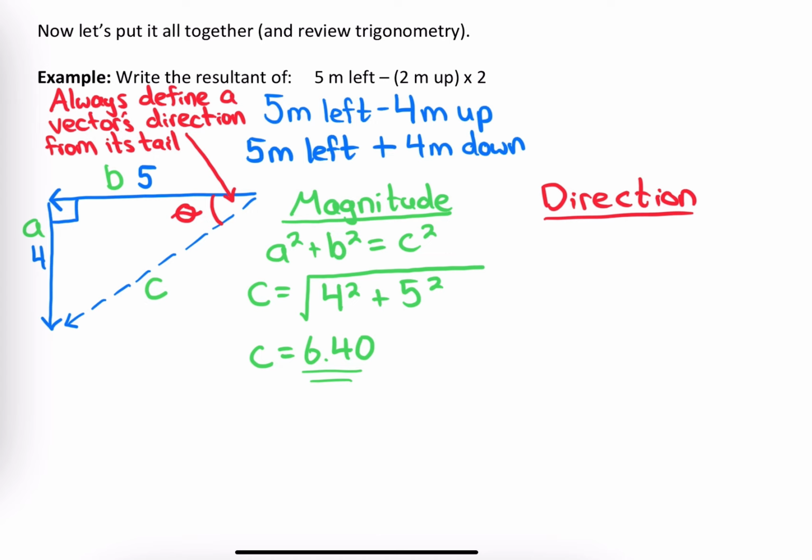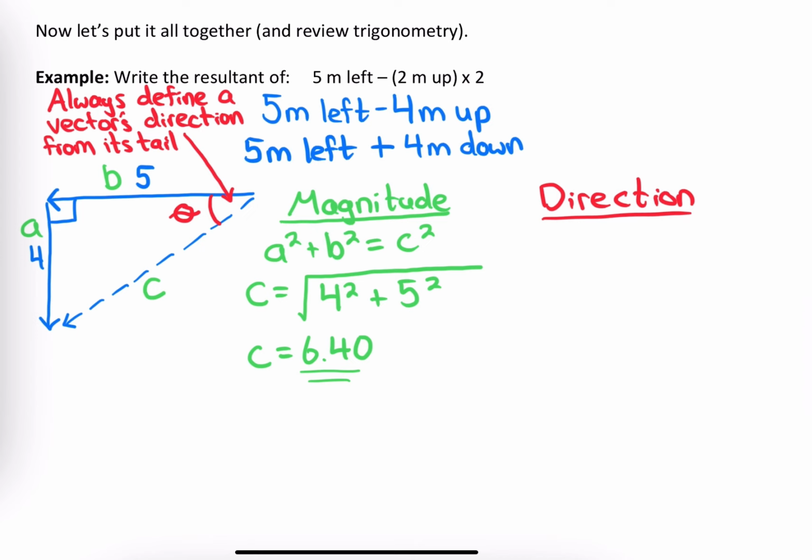Well, I'll remind you, when we're dealing with a right-angled triangle, we have three trigonometry ratios called sine, cosine, and tangent. And the little mnemonic that most people use to remember how to use them is SOH CAH TOA, which is a way to remember that sine of theta equals the opposite side divided by the hypotenuse.